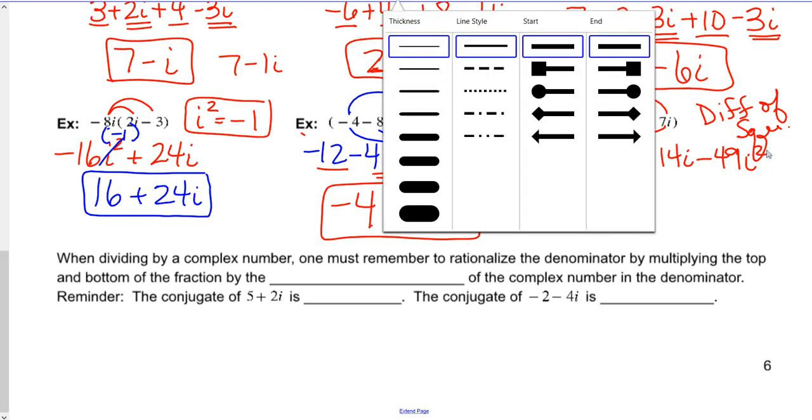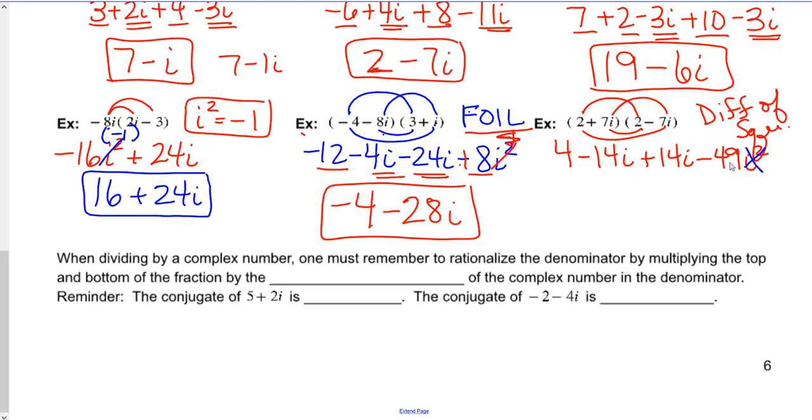So I'm going to cross that out. Times the -49 becomes a positive 49. Again, it really just changes that sign. Combining these two together gives me a 53. And notice my i's in this case cancel. Now, 53 is still a complex number. It's just more specifically a real number in that sense, okay?